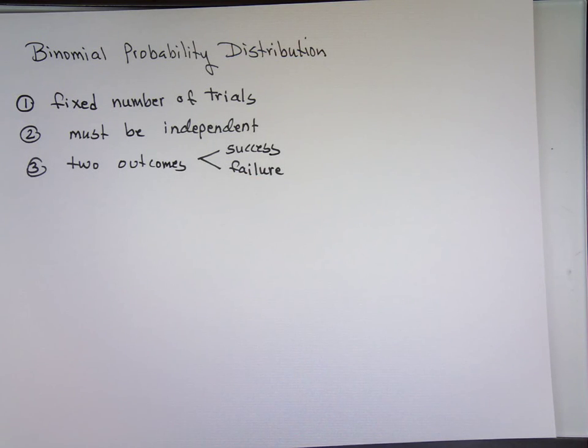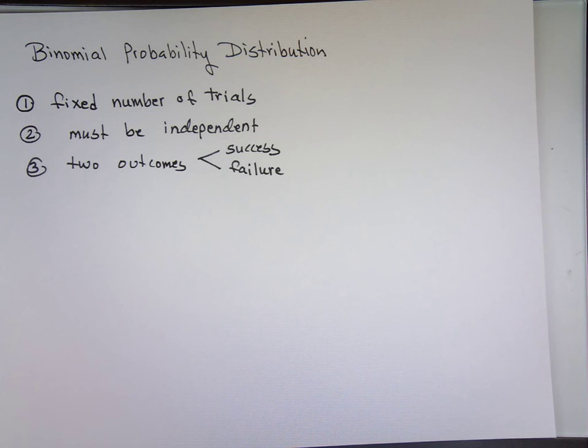I don't want you to think success always represents something nice and failure something bad. Success could be somebody dying of cancer, if the event is about cancer. If we're studying people wearing glasses, success might be somebody wearing glasses. If you're wearing glasses, that's the last thing you want to wear. You'd rather not have them. So success could be anything.